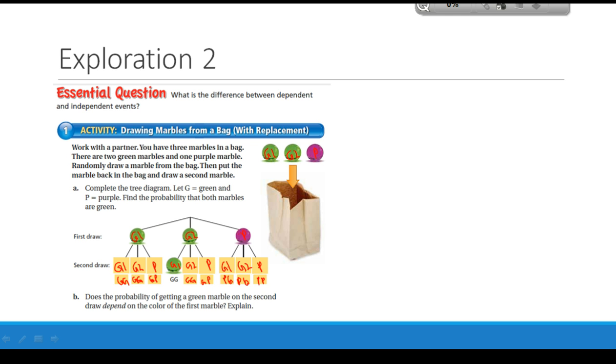If I drew a green marble out, then I'd put it back in, and I'd still have 2 green marbles and 3 marbles total. If I pulled the purple the first time, I'd put it back, so I'd still have 2 greens, 1 purple, and 3 marbles total. So this does not depend. So this is an independent event.